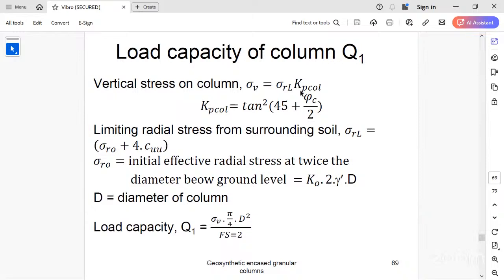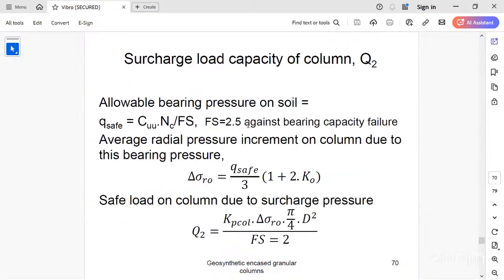And similarly, the load capacity because of the uniform pressure applied on the soil, the average pressure because of the surcharge pressure is 1 plus 2 K naught by 3 times Q safe, where K naught times Q safe is the lateral pressure and Q safe is the vertical pressure. Because of this, the load capacity is once again Kp times delta sigma, divided by some factor of safety.